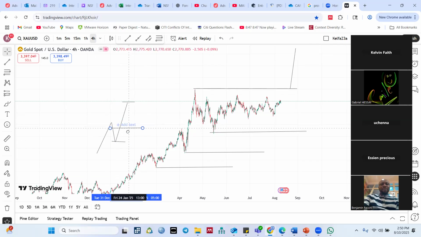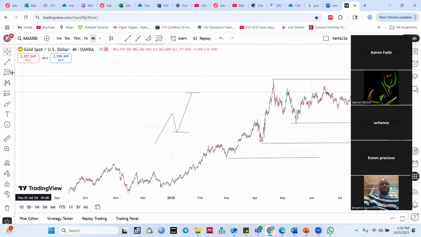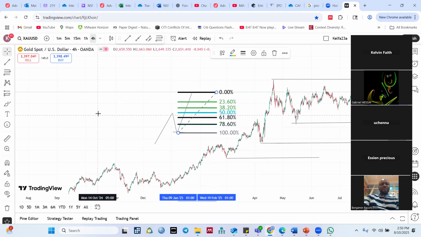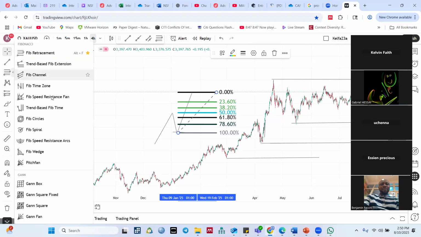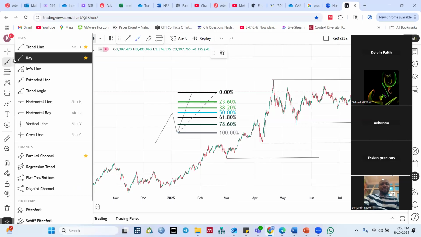Because this move to the upside took this high out. It broke structure. And I had said that with this dealing range, the first thing to do is to use our Fibonacci to measure from this low to the high. And within that, we have to identify our premium and discount zone and the equilibrium.